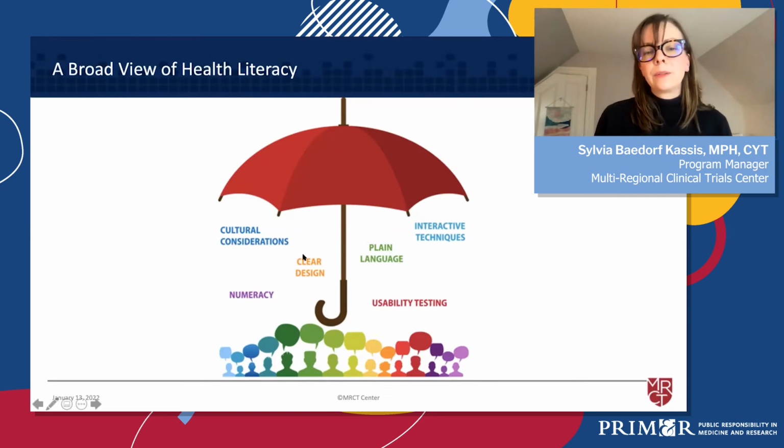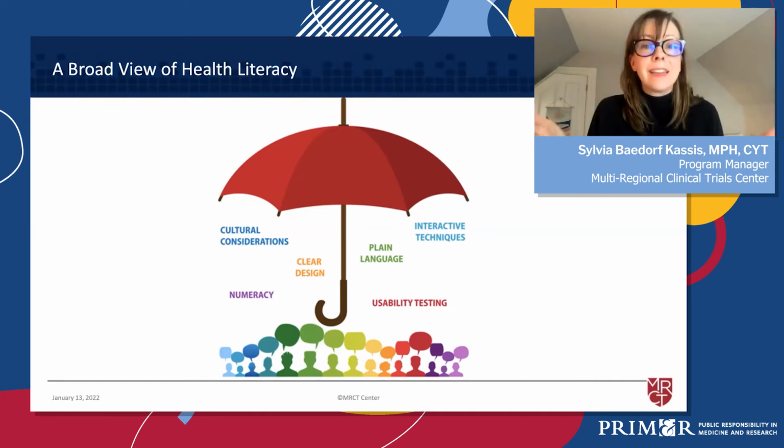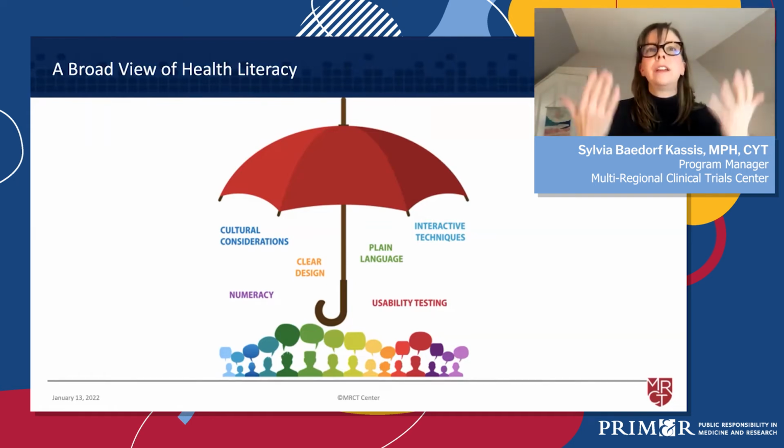Along with that goes clear design. The idea is that we present information in ways that are more appealing and allow people to track the information in a more meaningful way as they come to it.